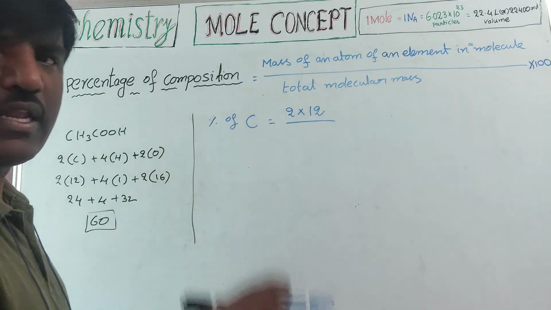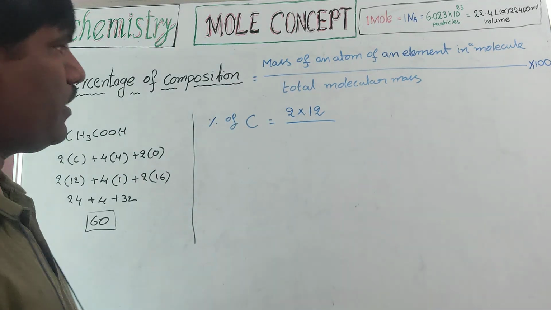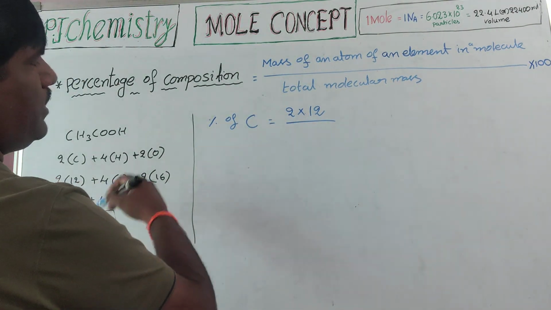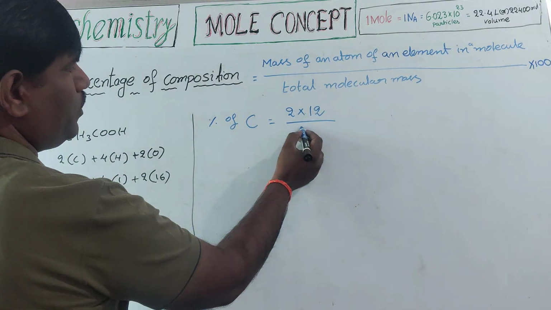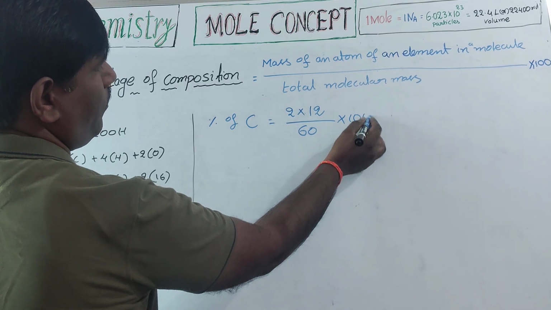The element mass number we should take in the numerator, for as many times as that element is there. Two times are there in the CH3COOH. Now, total molecular mass is 60, into 100.